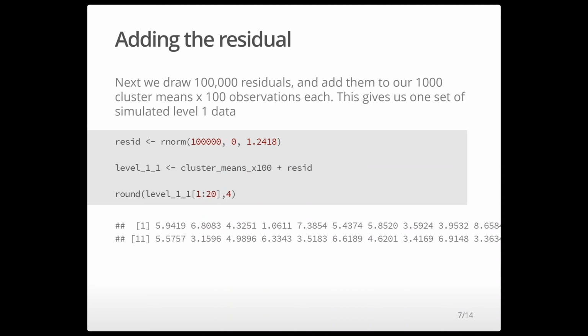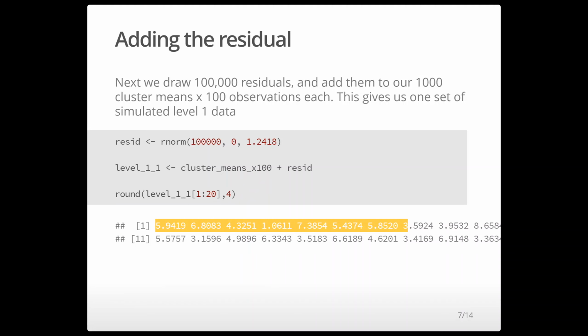I do this by creating a residual, which is 100,000 observations with mean 0 and standard deviation equal to sigma epsilon, 1.24. Then I take this residual and add it on to my repeated cluster means, and I check to see what this looks like. These should no longer just be repeated cluster values, and they are not.